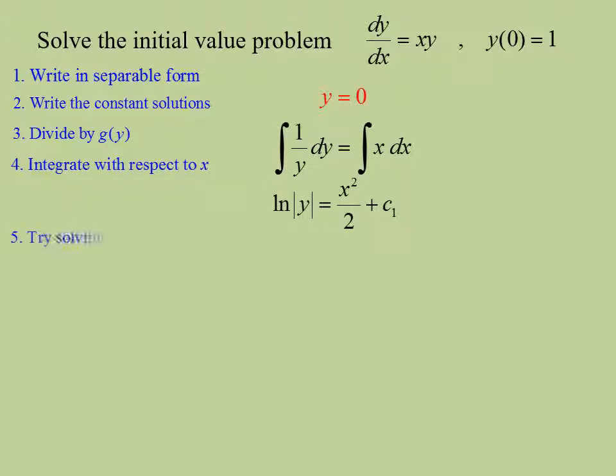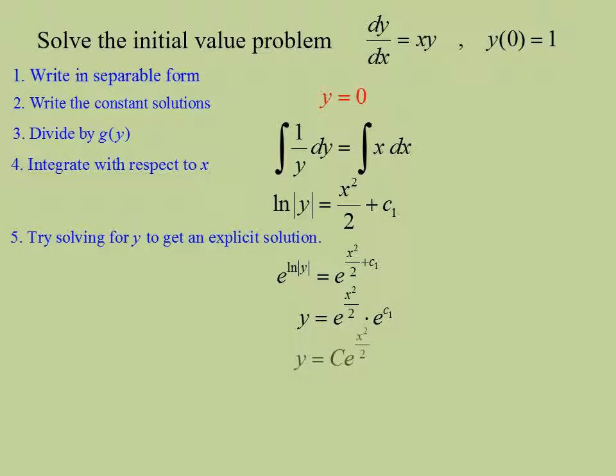Well, we do the natural exponential of both sides. Again, we can change the right-hand side into e to the x squared over 2 times e to the c1, and we can replace e to the c1 with just a constant, which we'll call capital C. So here is our general solution.